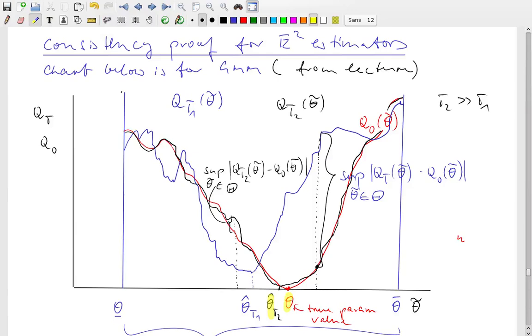It should be intuitively clear from the plot that such a convergence happens, but what the proof does is show this formally. But it helps very much to understand the intuition behind this formal proof when you take a look at this plot that we have here.